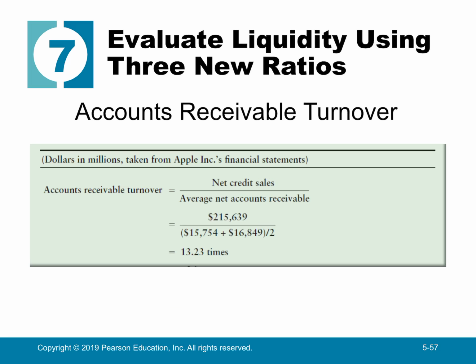Another thing we'll talk about is a turnover ratio. There are a number of these that we're going to talk about throughout this class. This is the accounts receivable turnover. And basically what we do is take net credit sales for a time period, and then the average net accounts receivable during that time period. This is just the average of any figure in accounting, like accounts receivable.